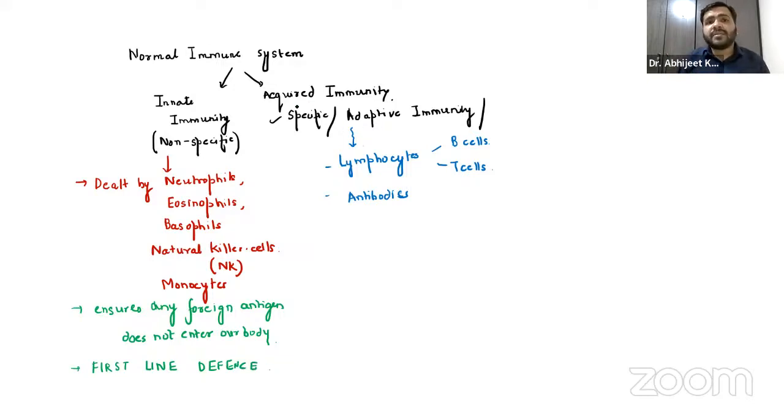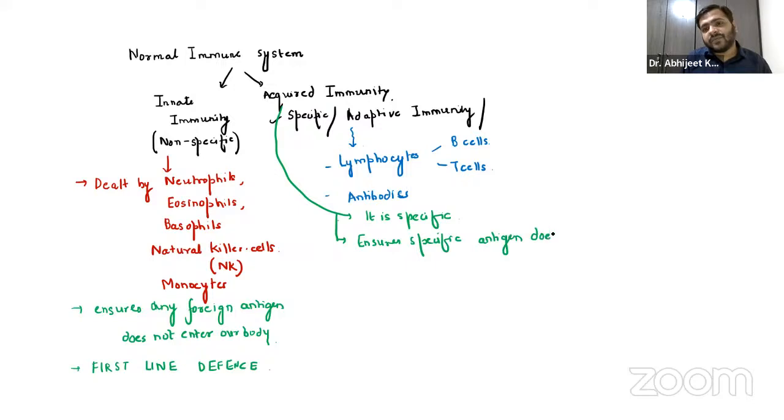On the other hand, remember the adaptive or the acquired immunity, it is specific, right? And when I say specific, it ensures that a specific antigen does not enter our body.